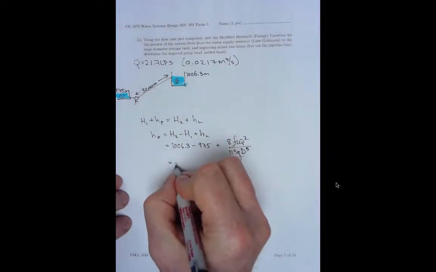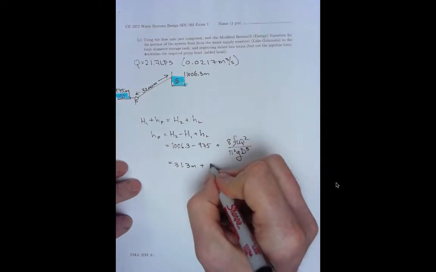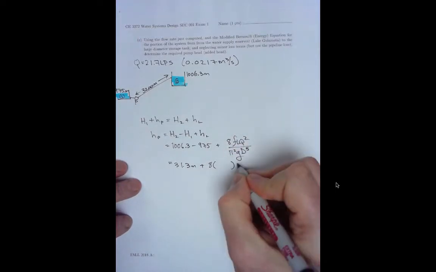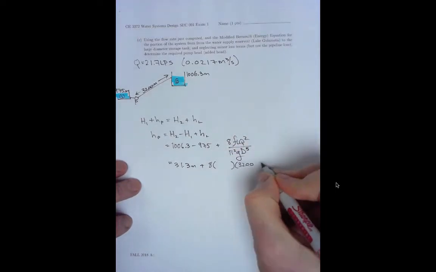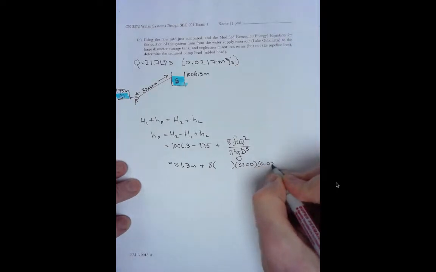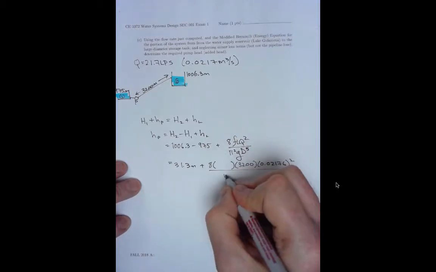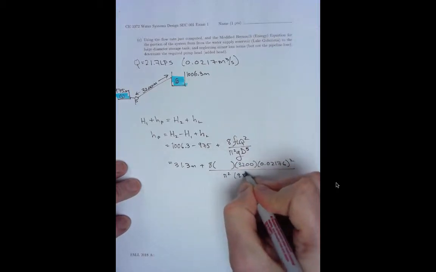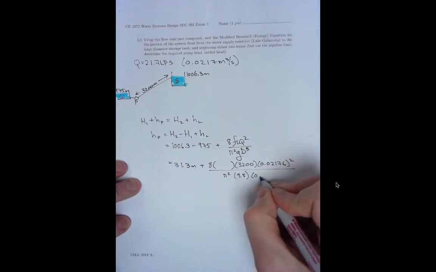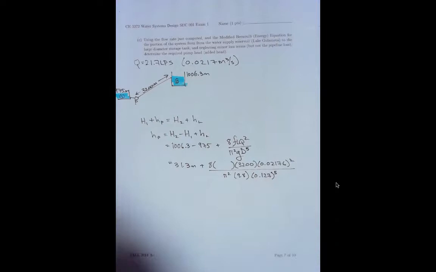That equals 31.3 meters plus 8. We don't know the friction factor yet. We know that we have 3,200 meters of pipe. We have 0.02176 squared, divided by pi squared 9.8, diameter 0.127 to the 5th power.